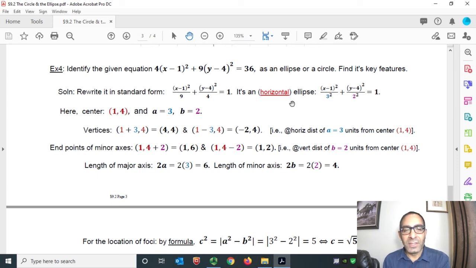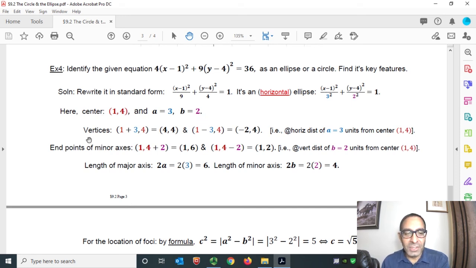It is a horizontal ellipse where A is 3, B is 2. And from this equation, the center is (1, 4), A is 3, and B is 2.